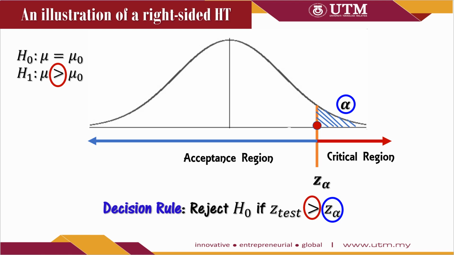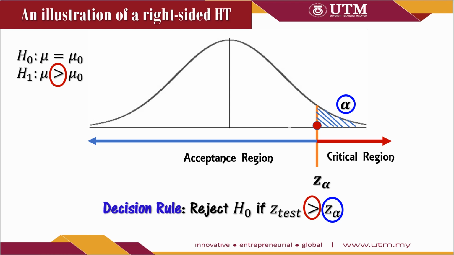If the calculated z-test is in the critical region, that is, if z-test is greater than z-alpha, we will reject H0 in favor of H1 and conclude that the population mean mu has increased or become larger than mu0.